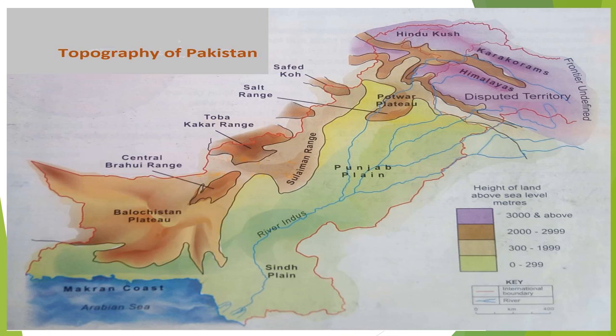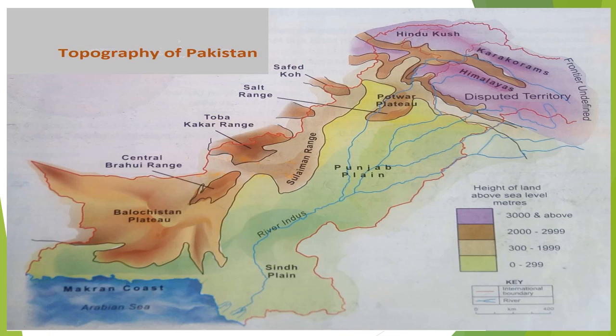Now you can see that in the north of Pakistan we have our highlands or the mountains. The mountain ranges in the north are Karakoram and Himalayas, while the Hindu Kush mountain range exists in the west and north of Pakistan. Then you can see some other mountain ranges on the western side.